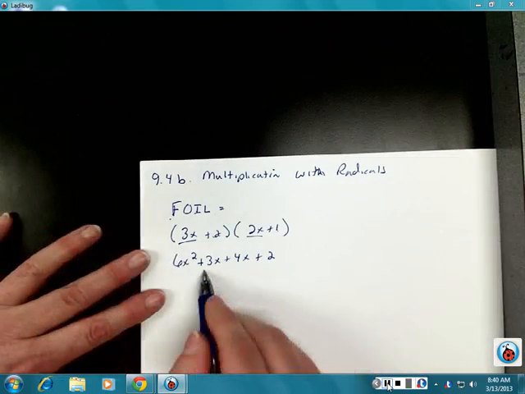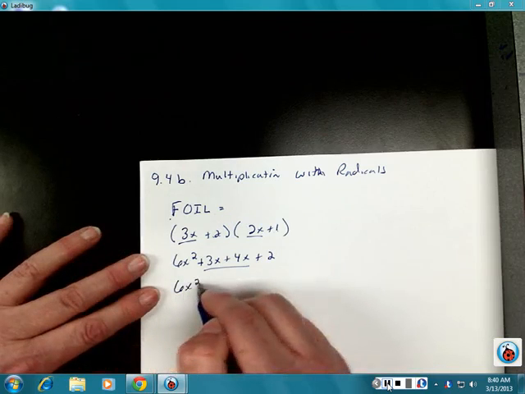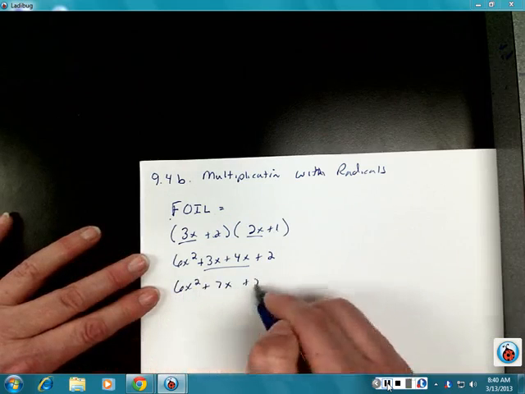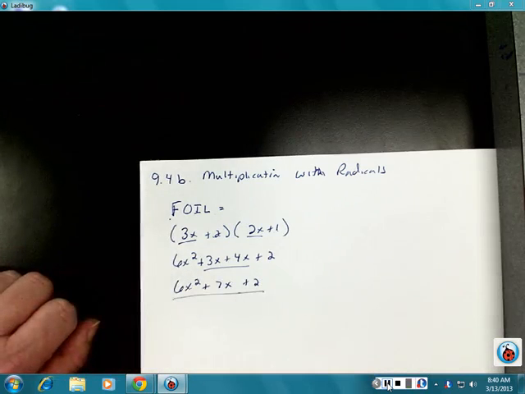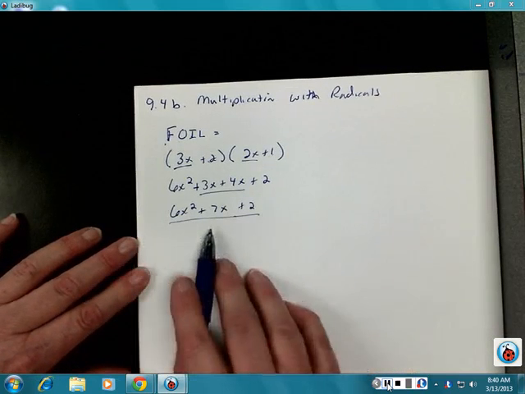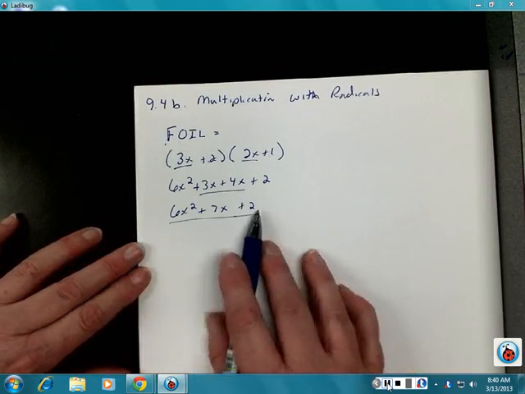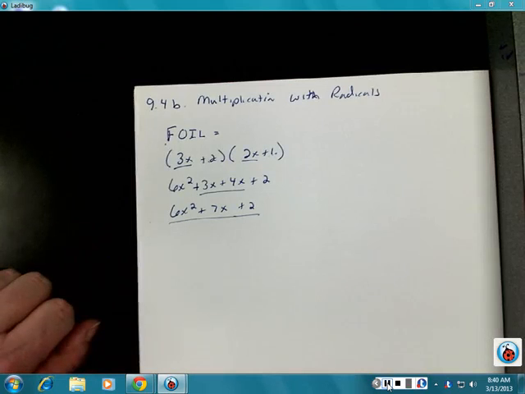Then we needed to combine our centers together. So I got 6x squared plus 7x plus 2, and I left it at that. And of course, until we made it to chapter 6, where we took a look at this and we factored it and came back to what we started with.